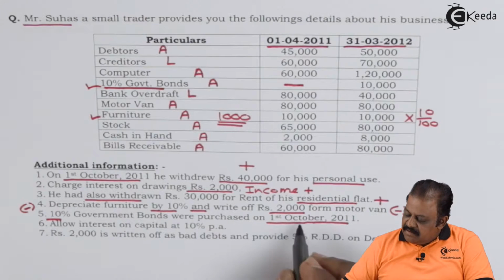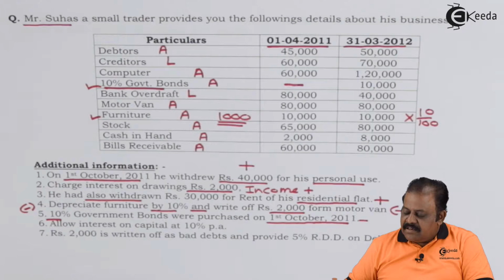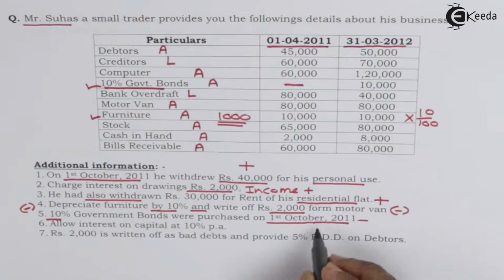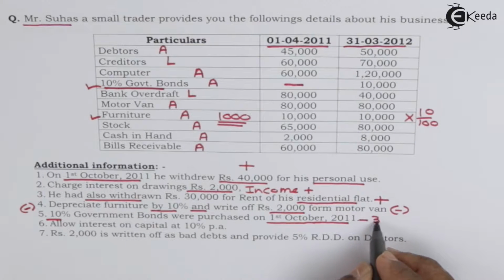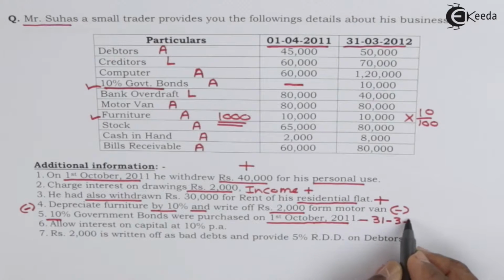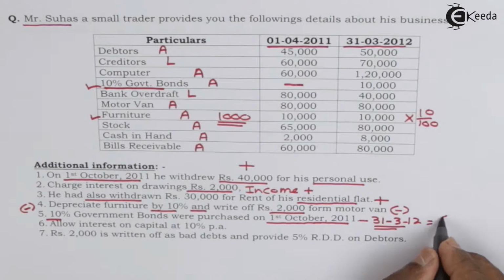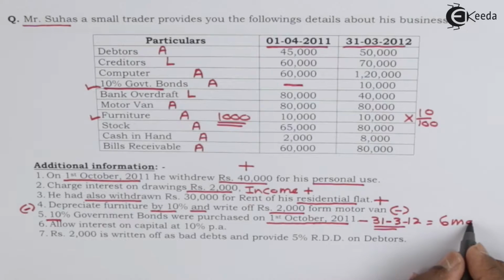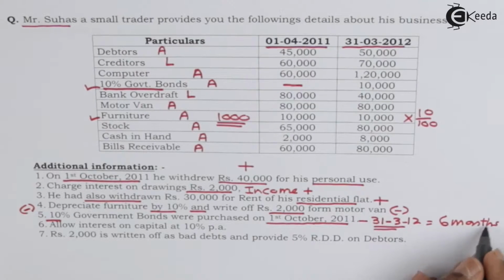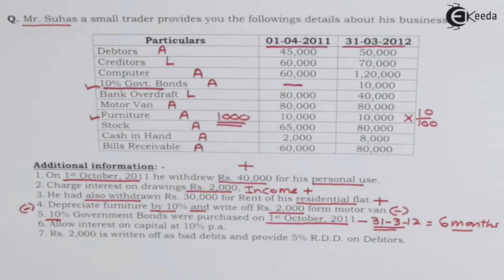The date is given 1st October 2011. That means from 1st October 2011 up to 31st March 2012. October to March, there has been 6 months since purchase of this investment.